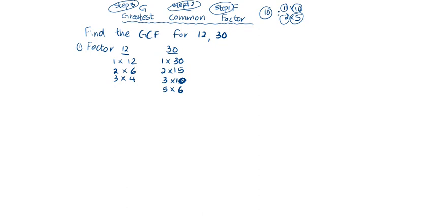Step two is we're now going to find which are the common factors. From the factors of 12 and the factors of 30, which numbers do you see are the same? We can see 1 is the same. So the common factors are firstly 1, and then I can see 2 is also common.